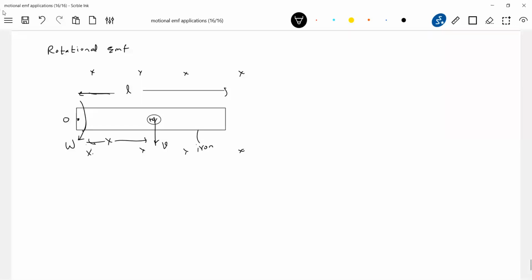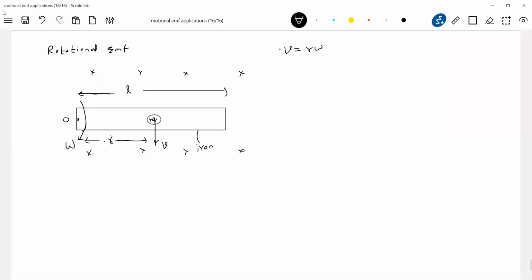Let it be at a distance R, let there be a hypothetical positive charge. It will have a tangential speed, and how much is it equal to? V equal to R omega.